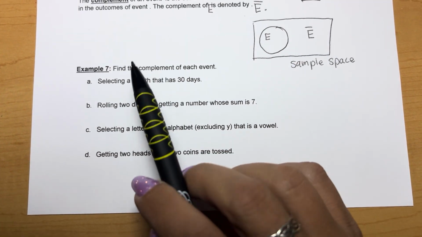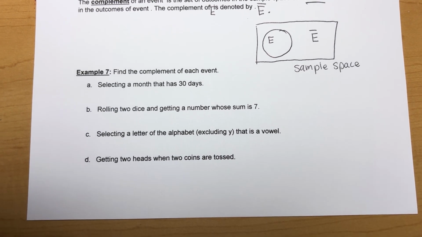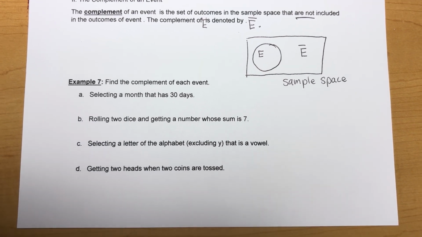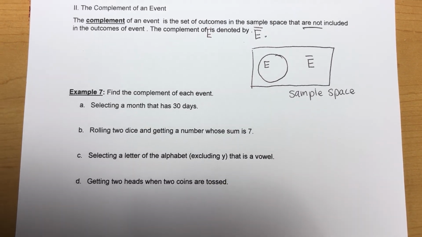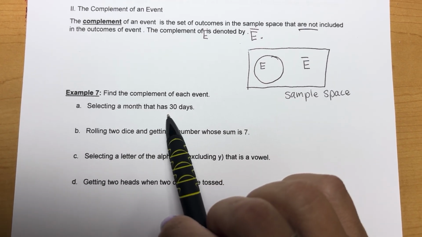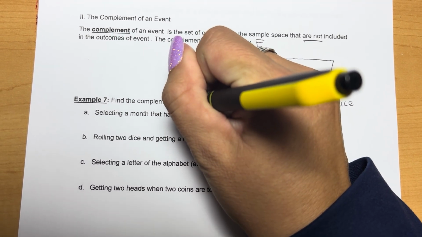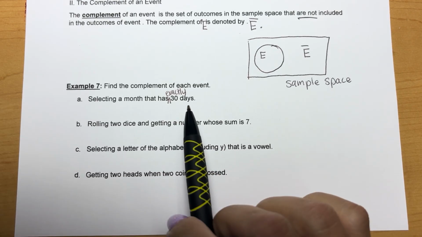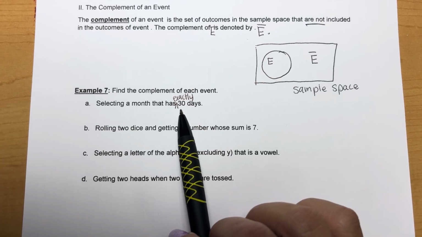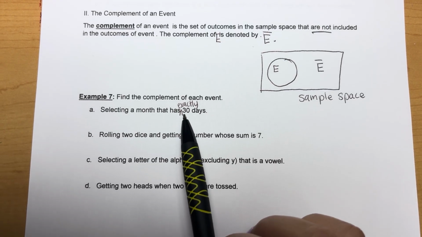Okay, so let's find the complement of each event. Selecting a month that has 30 days. What would be the complement of this? Now, there's a couple of things to note here. The wording's a little goofy because if we're going to say selecting a month that has exactly 30 days, that changes it, because basically all of the months have 30 days except for February.